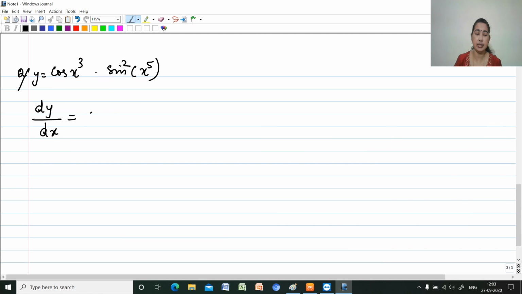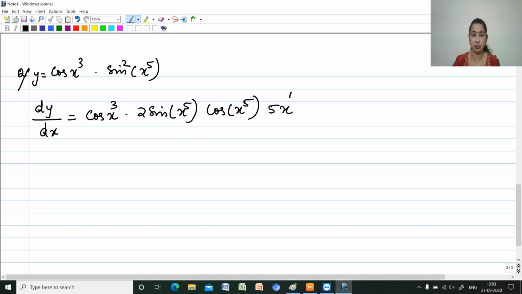So first, cos x³ into the derivative of the second. The derivative of the second means it is this whole square, so 2 sin(x⁵) into the derivative of sine, that is cos(x⁵), into the derivative of x⁵, which is 5x⁴.